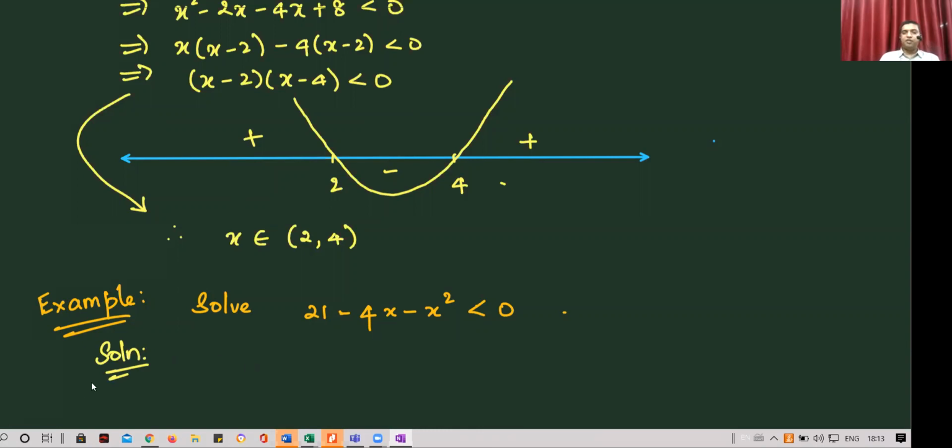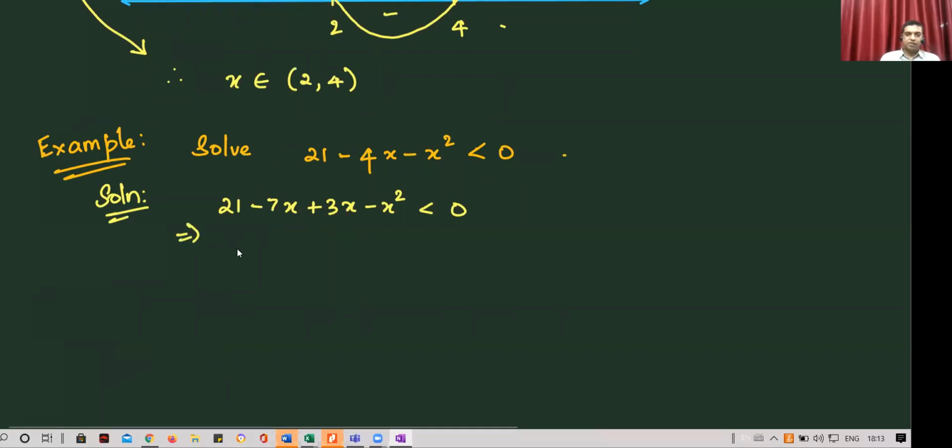Straight away multiply with a negative sign and solve. That is one. Other way is minus 21. I can write as 7 into 3. So I will get minus 7x plus 3x minus x square less than 0.